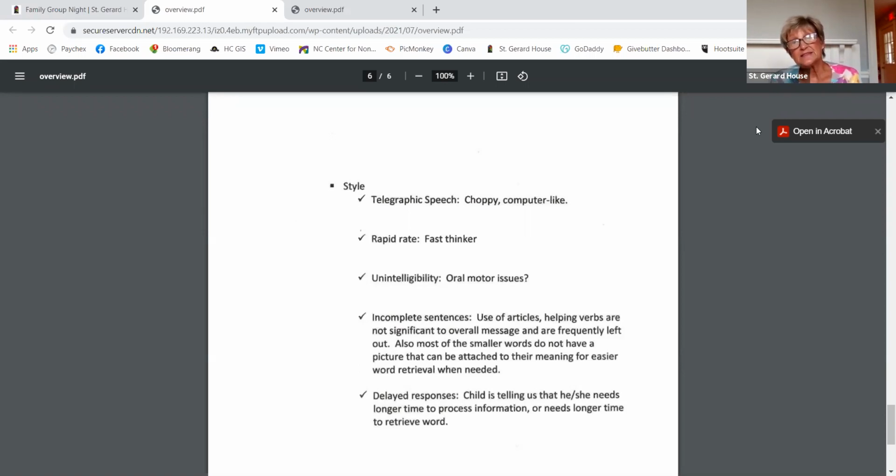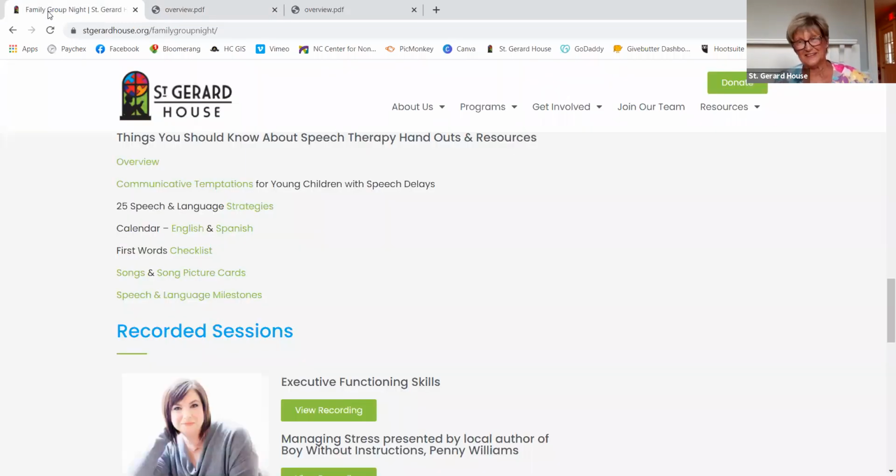Sometimes incomplete sentences where they'll just use the main words to express themselves, and delayed responses. So basically, for a language evaluation and a speech evaluation, those are the things that we are looking for when we see your child. So that's the evaluation.